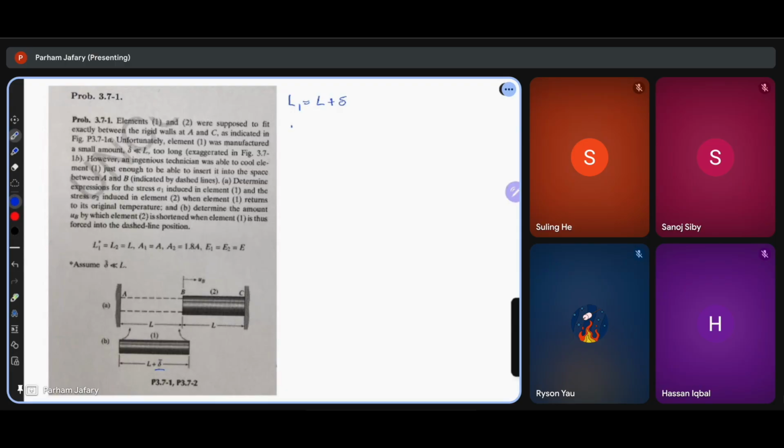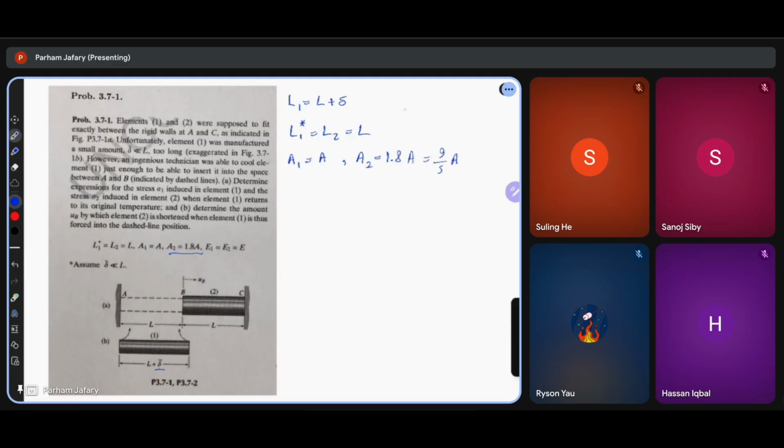We know L1 star is equal to L2 equal to L. The cross section of the first element, we call it A, and the cross section of the second element is given to be 1.8 times A, or for simplicity, I can write it as 9/5 times A. Okay?